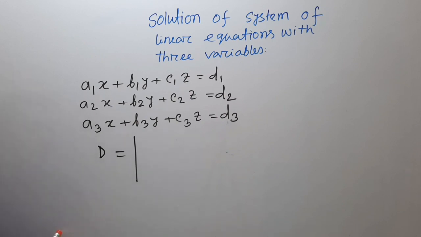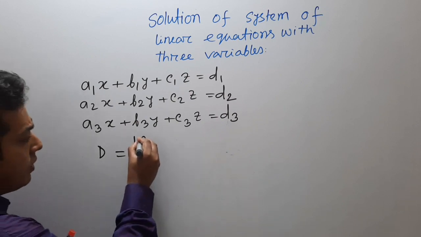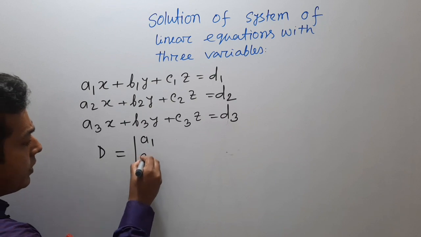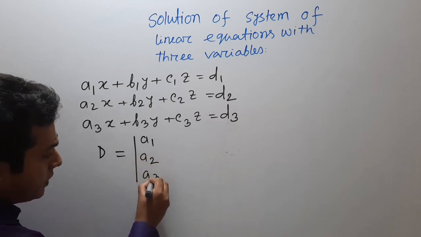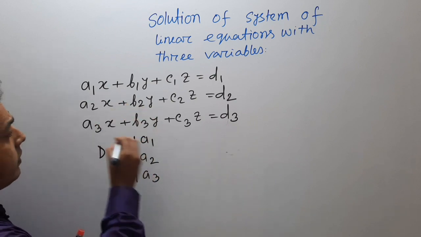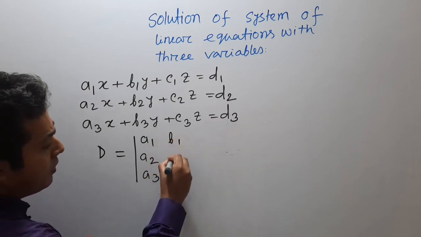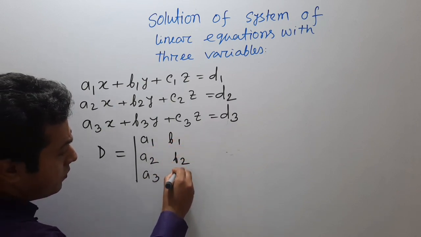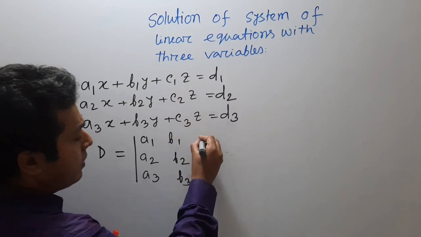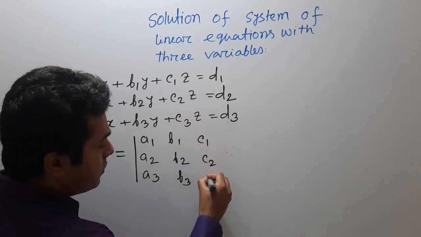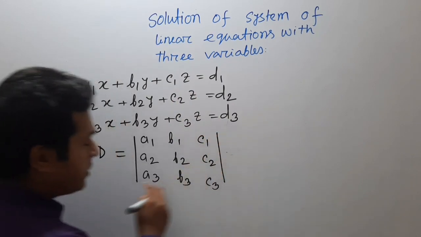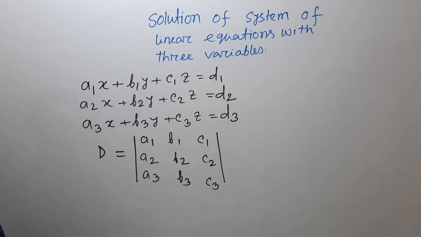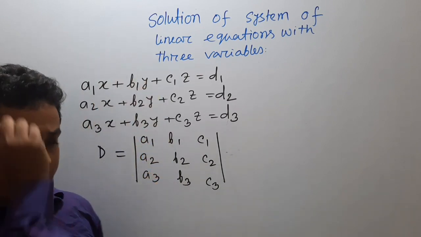So D is equal to a1, a2, a3, and b1, b2, b3, and c1, c2, c3. This is the determinant D, which is created by the coefficients of x, y, z.